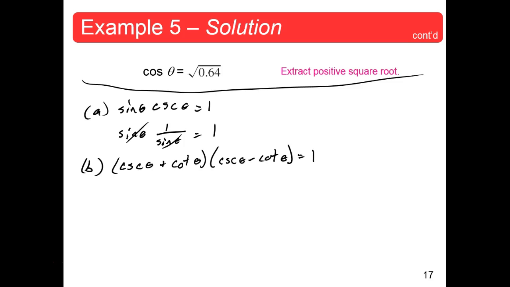One thing multiplied by its conjugate. So what will that give us? Cosecant squared theta minus cotangent squared theta. Because the sum times the difference of the same two numbers is going to be the difference of their squares. Now we don't know that it's equal to 1, so I'm going to put question marks there. Is that equal to 1? Well, where have we seen those two together before?